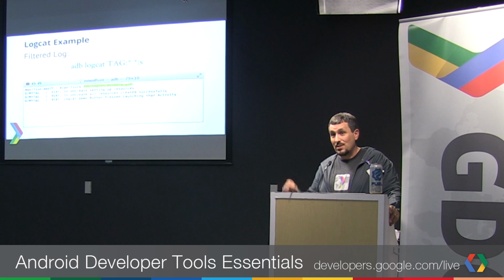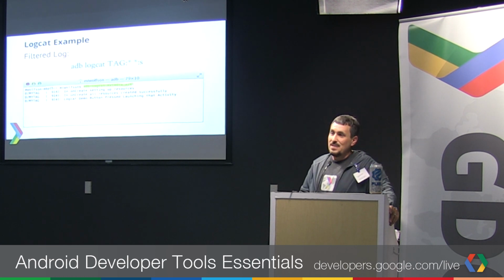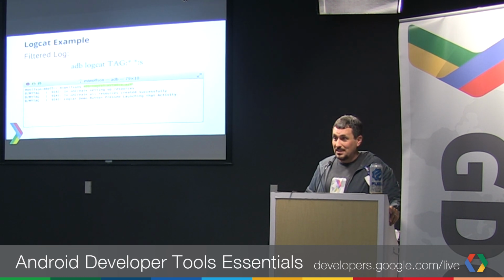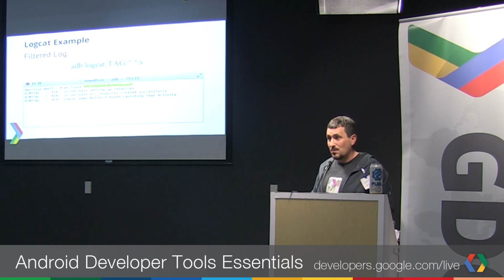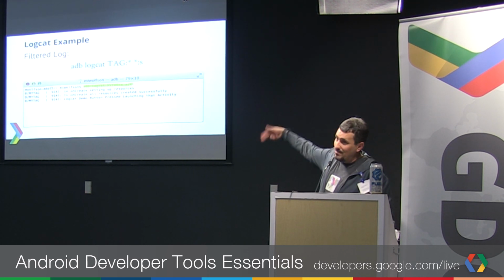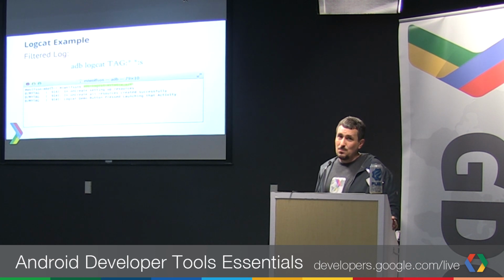The part after the tag is what verbosity level you want seen. So in this case, I say I want all verbosity levels for my tag. And the second important thing is I want to silence everything else. So that's what star colon S means. And when I do that, you can see that now I can very clearly see exactly what I'm looking for, and all the fluff is gone.